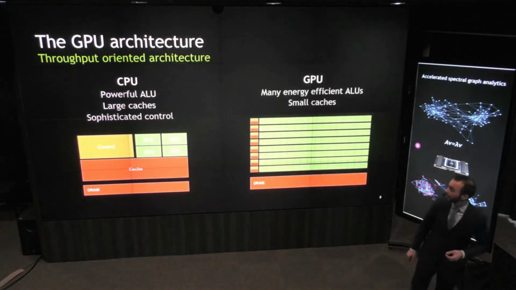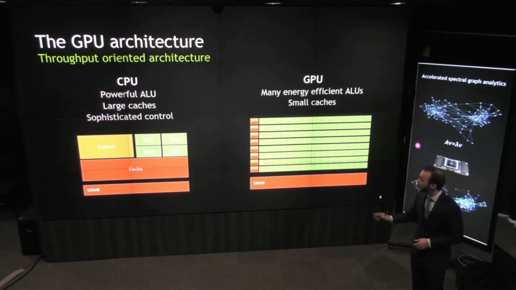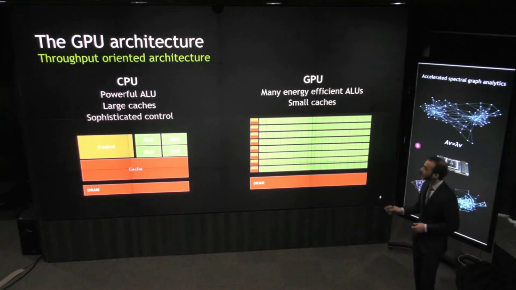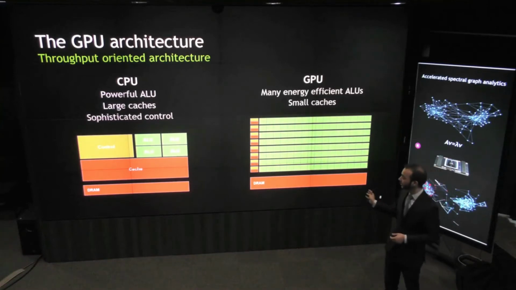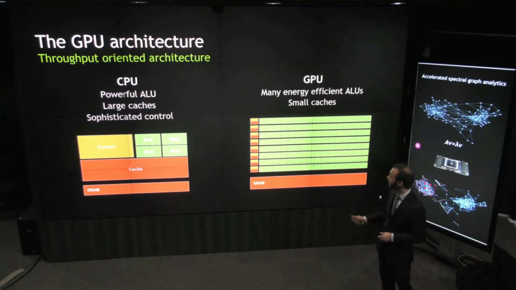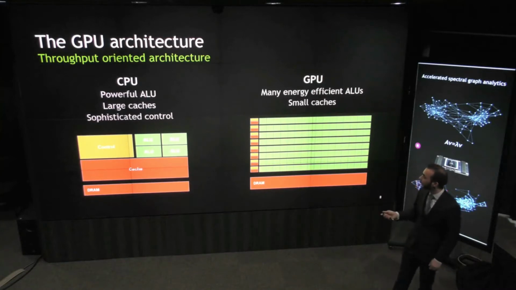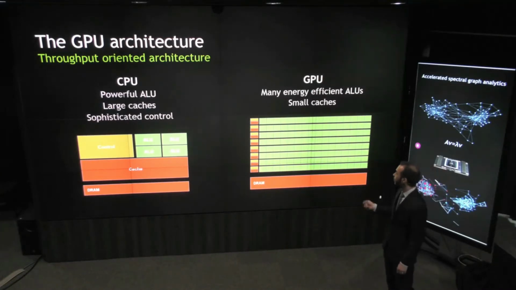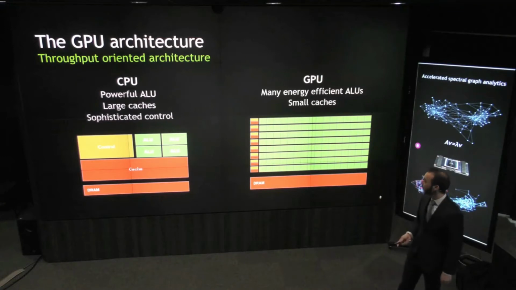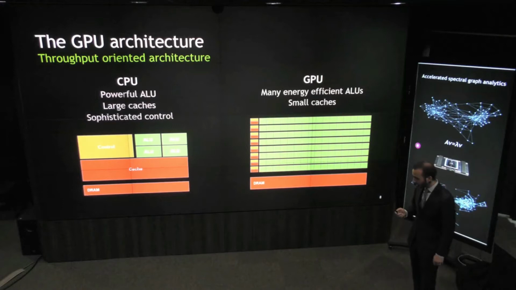Whereas the GPU is completely different. What we see here is that we have many more cores. It's 5,000 cores in a GPU nowadays for the most powerful one. The control is distributed per each stream processor, and we also have smaller caches that we will manage manually.